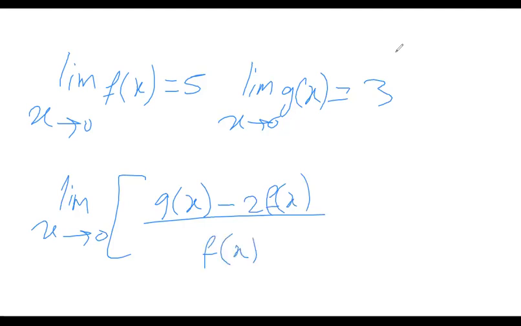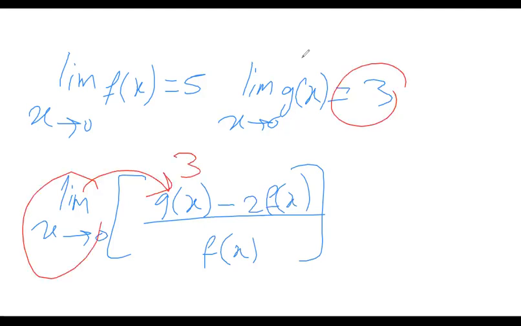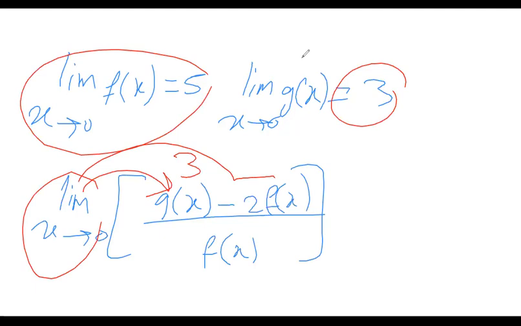Here, either you use the distributive property for the limit, or you can just evaluate directly. The limit as x approaches 0 of g of x is 3. So we say 3 minus 2 times the limit of f of x, which is 5.